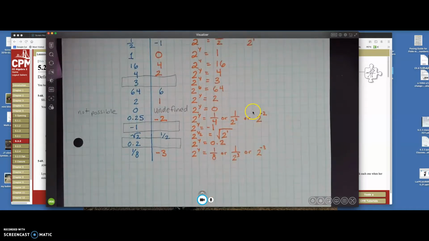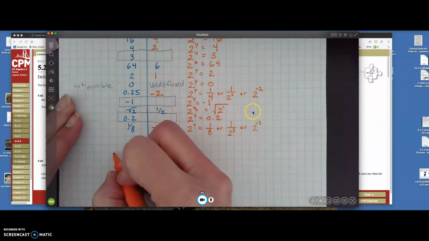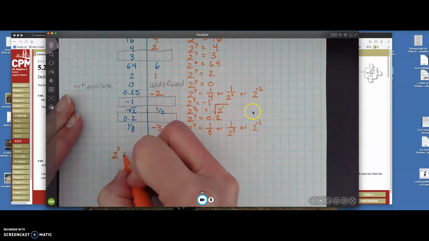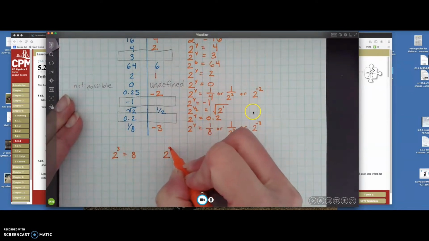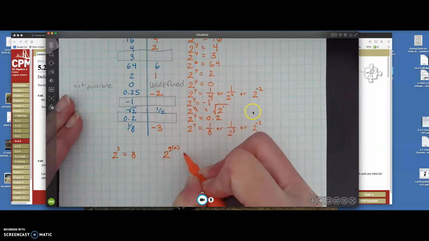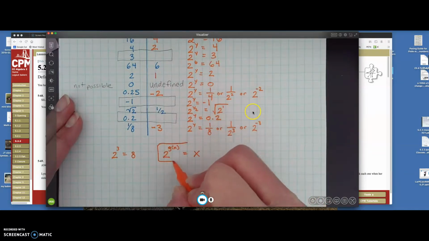Okay, so for 2 to the 3rd equals 8, I'm just going to rewrite it as 2 to the g of x power equals x. So this is kind of like our equation.